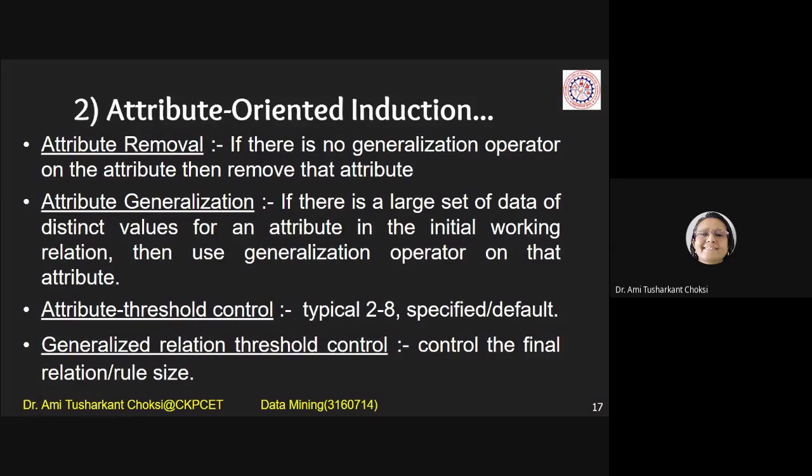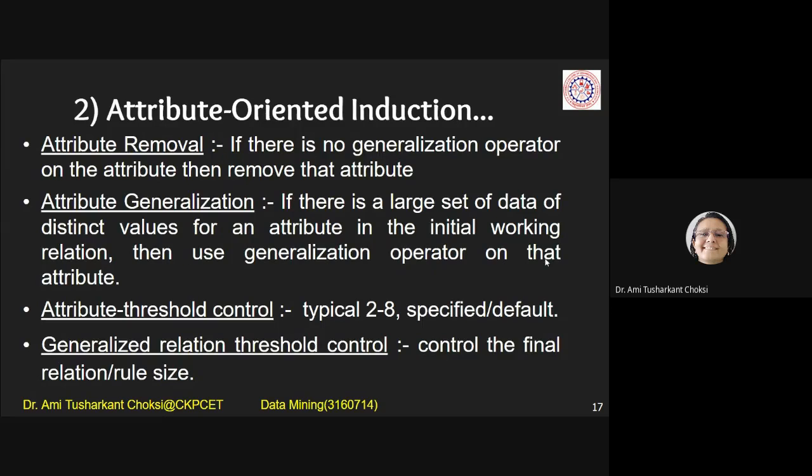So what is the case? Next one is attribute generalization. What is that? If there is a large set of distinct values for an attribute in the initial working relation, then use a generalization operator on that attribute.